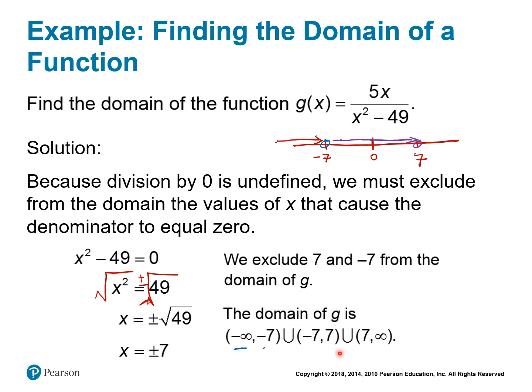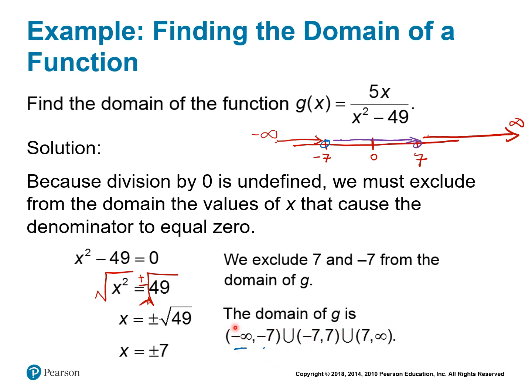So 7 is excluded, and so we have a round bracket to the right of 7. And then again the union, because once we cross that 7, we are good for the rest of the numbers all the way up to positive infinity. So that's why they have union 7 to infinity, and all through we have round brackets.